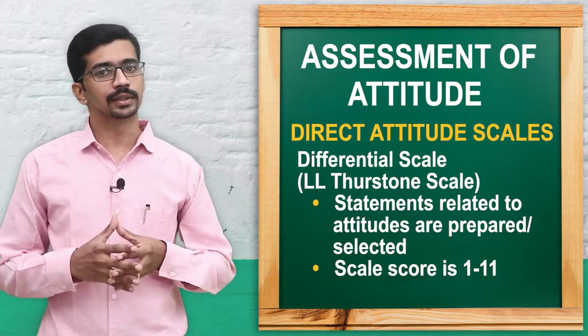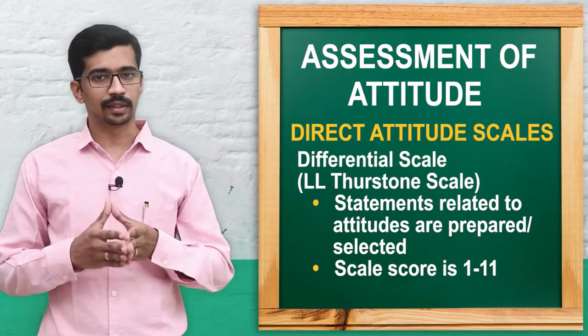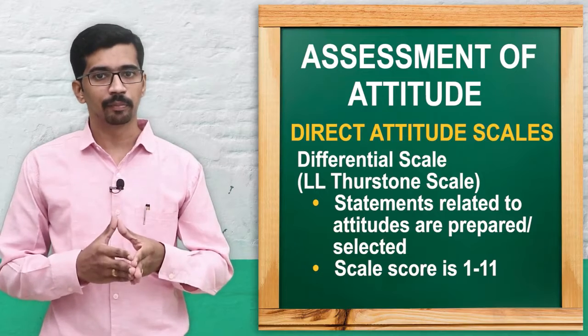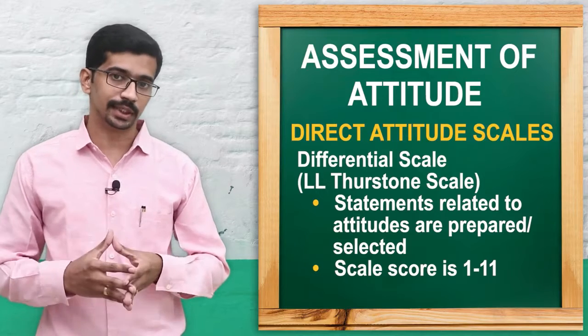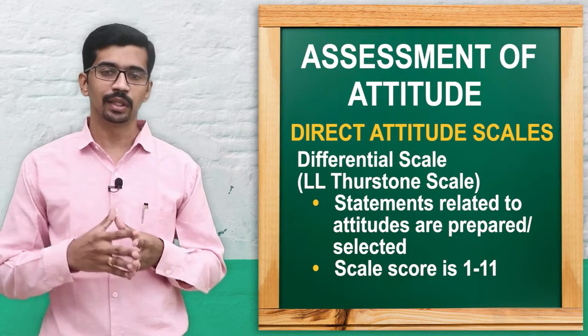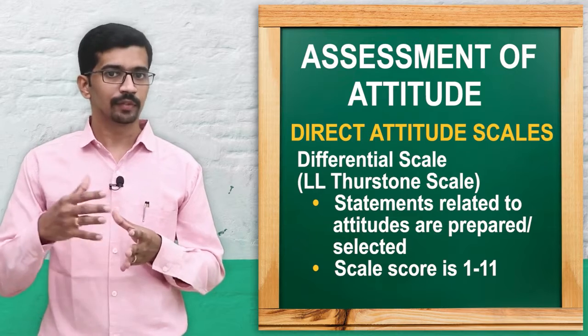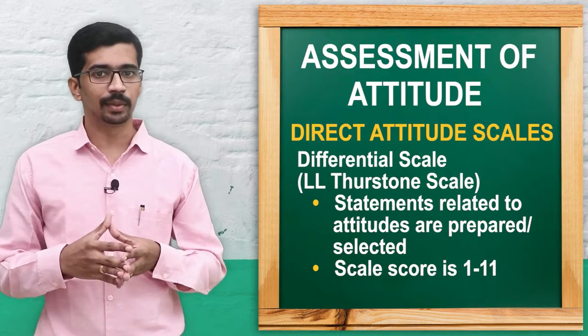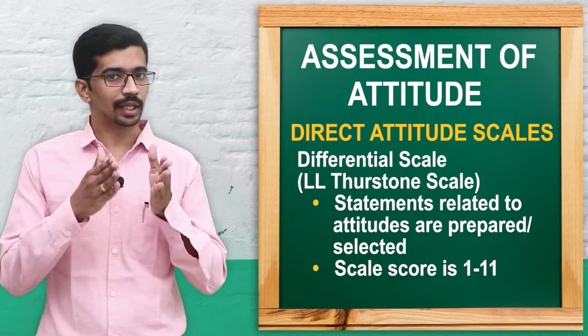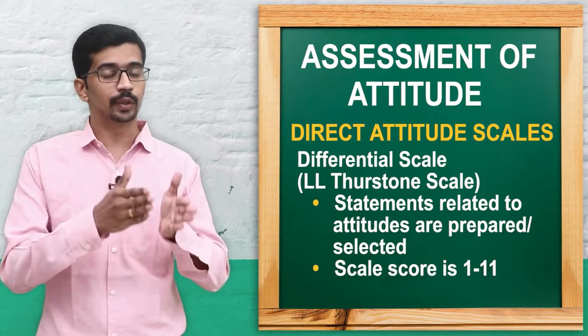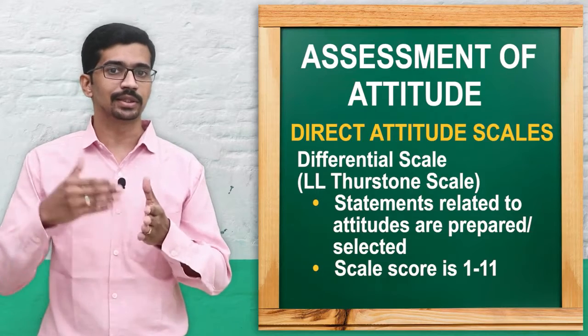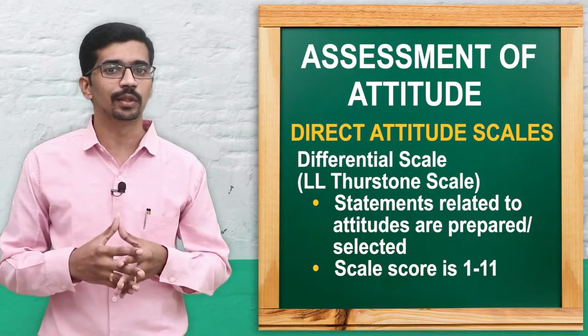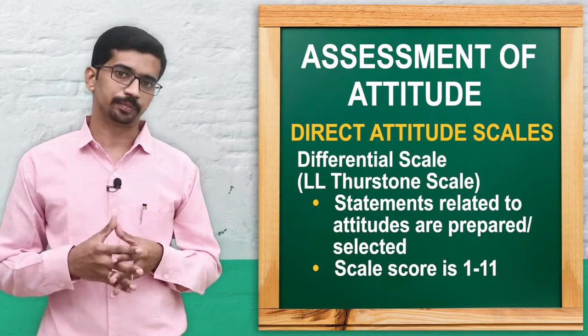A number of statements will be prepared, and there will be a group of judges. They will go through these statements. Initially they will assess each statement and categorize it from 1 to 11, like a score given to each declarative statement.